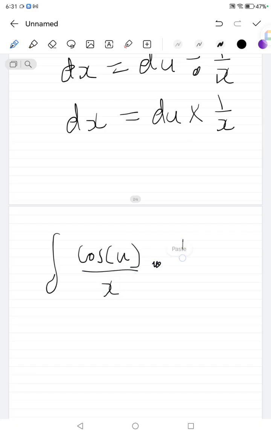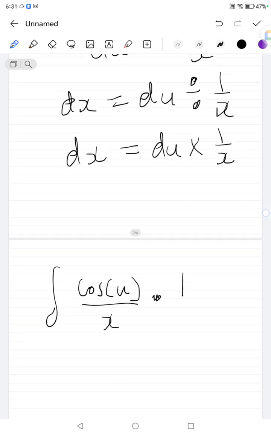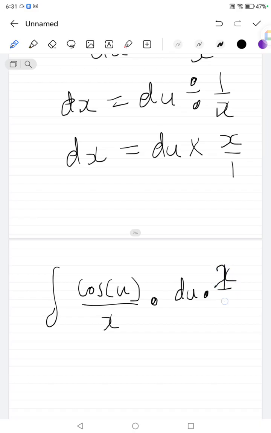Here I made a mistake. When you're multiplying, this one is going to go at the top, then you're going to have your x over 1. This side we replace the dx with the du, then you're going to have your du multiplied by that x over 1. Then these ones are going to be cancelling one another.